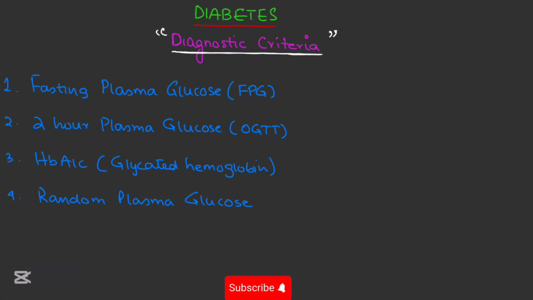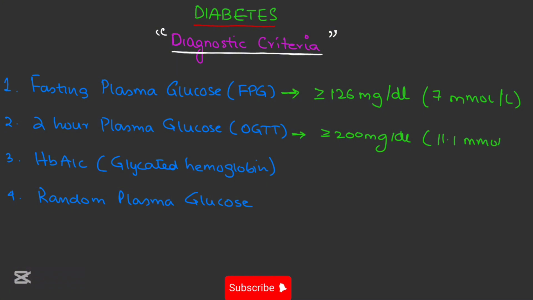Now let's discuss what are the cutoff values for diagnosing diabetes mellitus. For diagnosing diabetes, the fasting plasma glucose level should be 126 mg per dl or more, or 7 millimole per liter. For 2-hour plasma glucose or oral glucose tolerance test, after a 75 grams of glucose load, the values should be 200 mg per dl or more, or 11.1 millimole per liter.